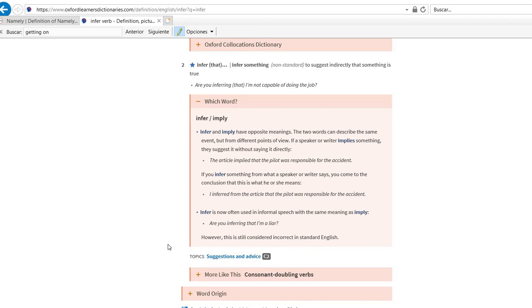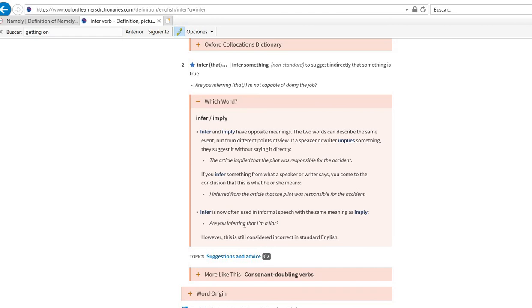So they will say things like, are you inferring I am a liar? Where you would naturally say, are you implying, right? Because we infer something from something that somebody said, and we imply something. That's the meaning we are hiding, right? We're trying to say without actually saying the actual words.